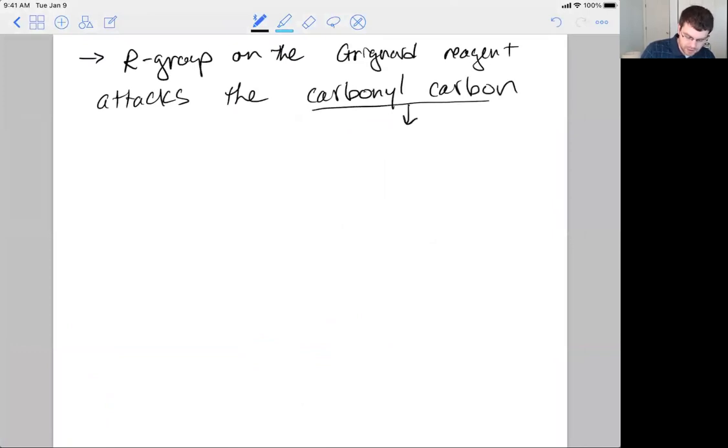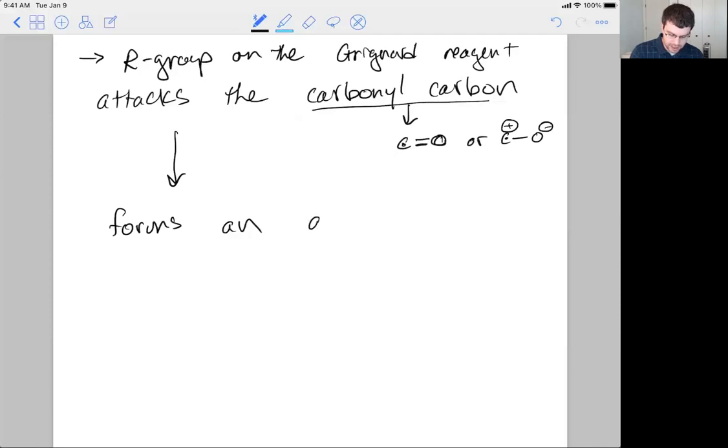And this is going to be our carbon that's right here. Or, as I said, we could also draw a charge-separated species, which is right here. Now what this forms is an alkoxide.